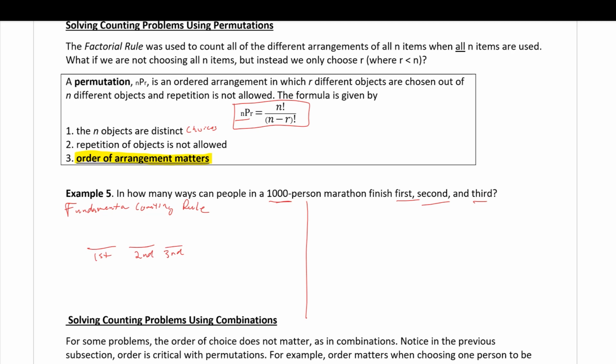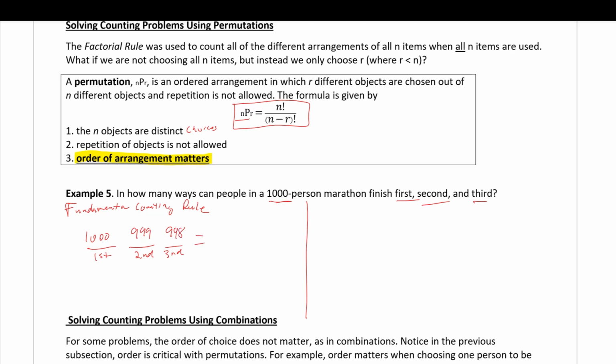And there's 1,000 people in this marathon. Well, there are 1,000 people that can possibly be first place, so there's 1,000 choices, right? Now, first place person can't also be second place, right? So we no longer have 1,000 people to choose from to figure out who second place is. We have 999. And then same thing with third. First and second have already been assigned, and third would be 998.